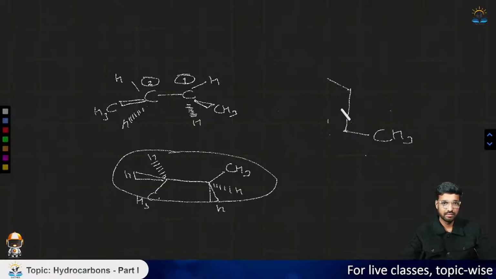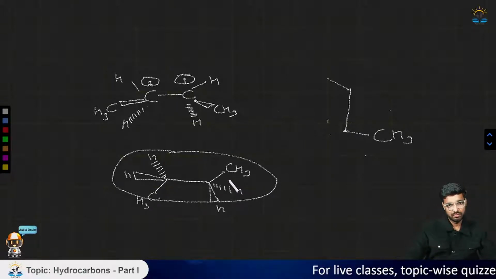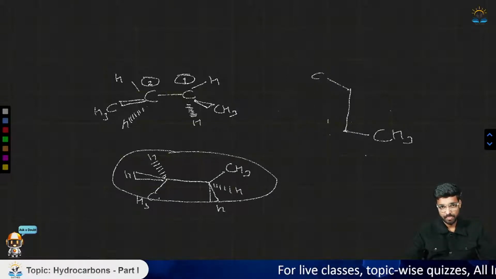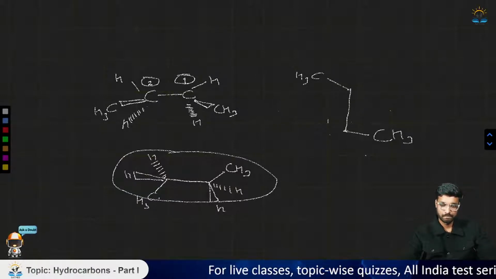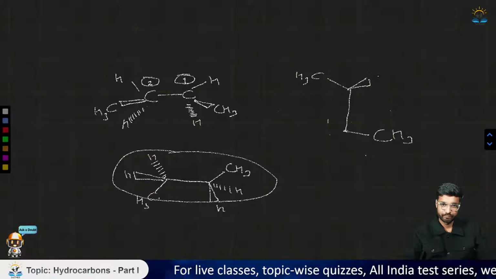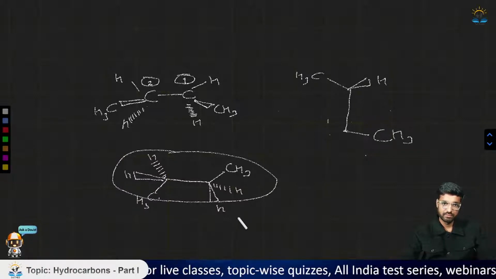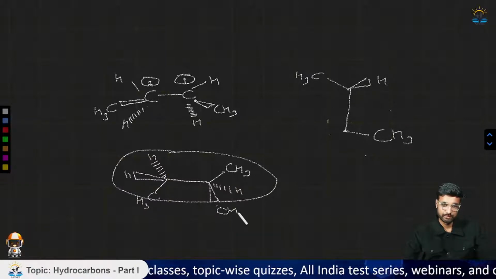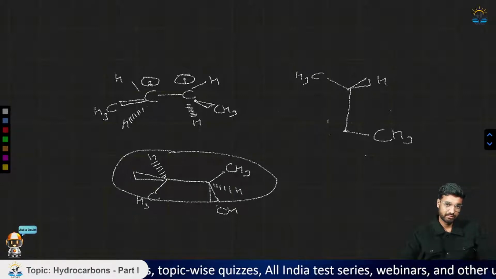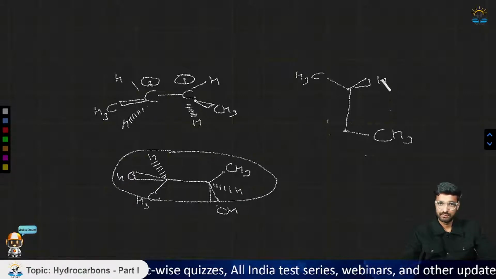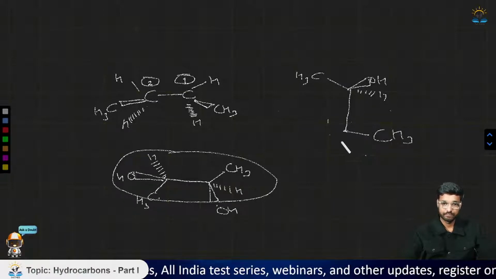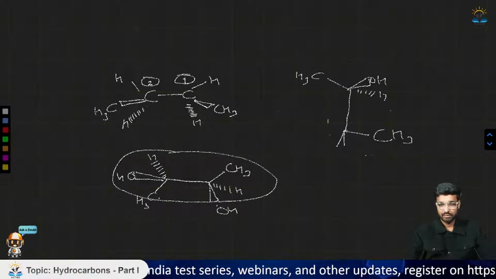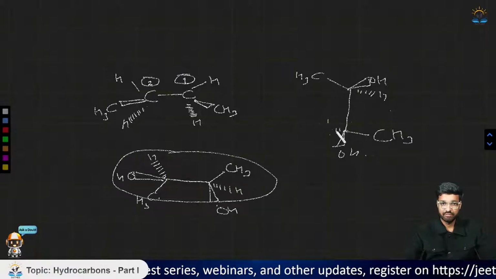Just CH3. This is the H. Suppose this is OH, and this one is also OH. Now this will be OH, and this will be H.